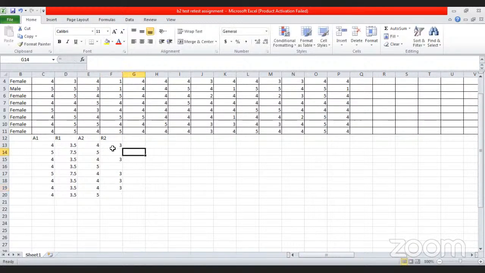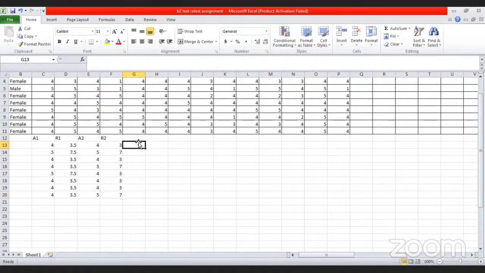Sorry, 4 takes up to the 5th position and 5 takes from the 6th. So it is 6th, 7th, and 8th position. So it will be 6 plus 7 plus 8 divided by 3. That is 7. Clear?